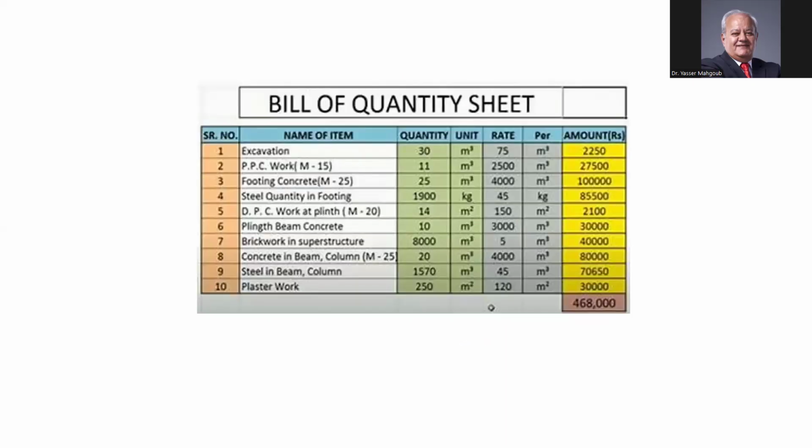You can also provide a bill of quantity in general. So the excavation, the amount of excavation, the PPC work, the footing, steel, DPC, beam, concrete, brickwork, and you have the quantity, the unit, the rate, and the amount, and then the total.